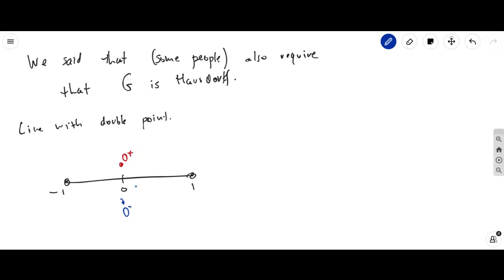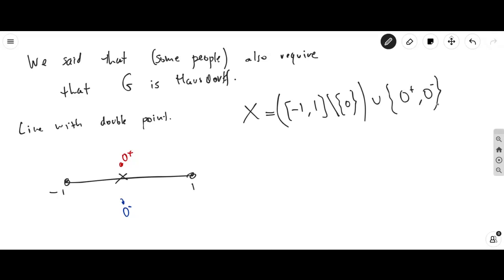And these 2 zeros, so you kind of remove this 0, so you have a hole in your space, but you do not really have a hole in your space because you fill it in with these 2 zeros. And these 2 zeros, they're infinitely close to the line. So your topological space would be the line, let's say from -1 to 1, and then you're going to remove the number 0, and then you're going to attach two new symbols. One of them is 0 plus, and one of them is 0 minus. So this is what you call a line with a double point, and now you have to topologize it.